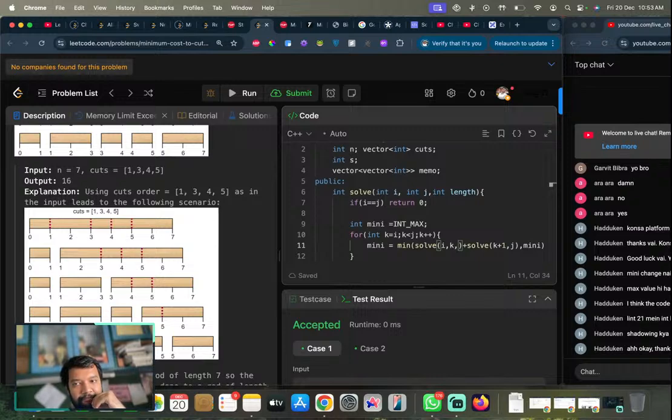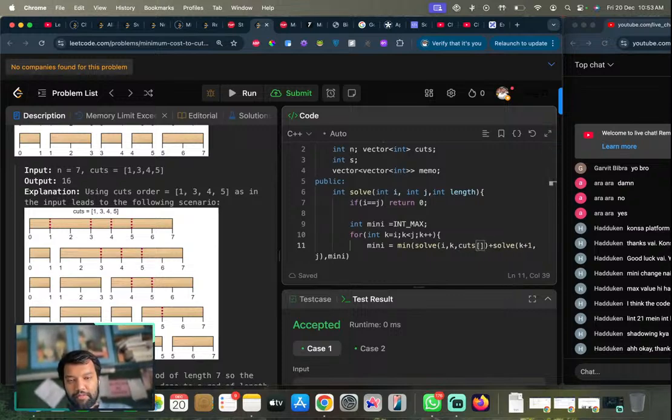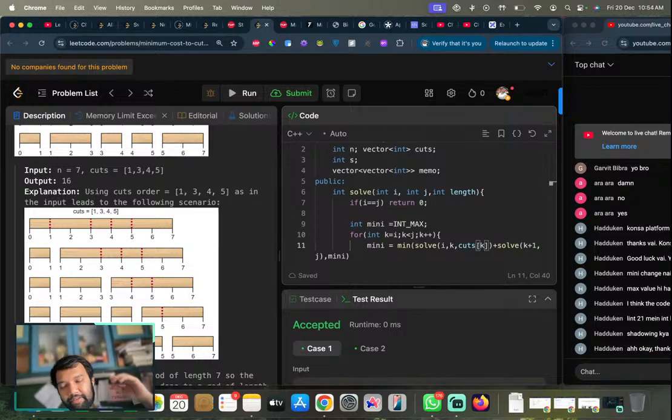cuts of k. Let's say I made the first cut at 1, and the second cut I'm making at 5.